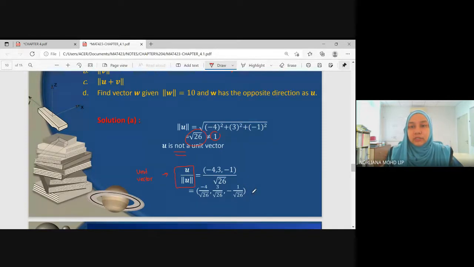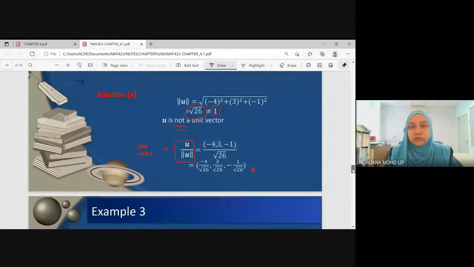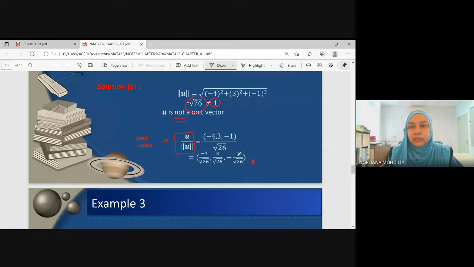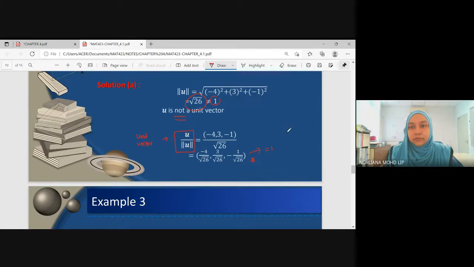So it is the unit vector. If you find the magnitude of this unit vector, it is equal to 1.